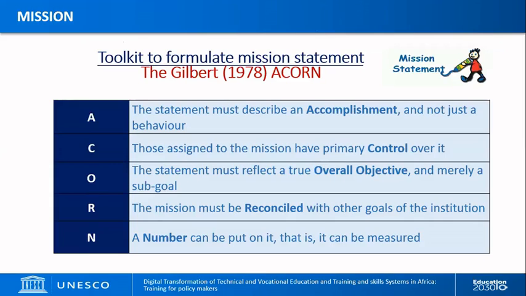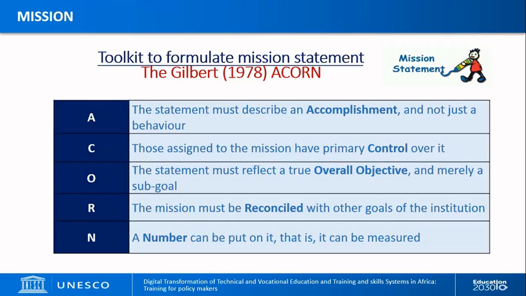According to Gilbert, 1970, he developed a toolkit to formulate mission statements called ACORN. A stands for accomplishment. Therefore, the statement must describe an accomplishment and not just a behavior. C stands for control, and it means that those assigned to the mission must have primary control over it.